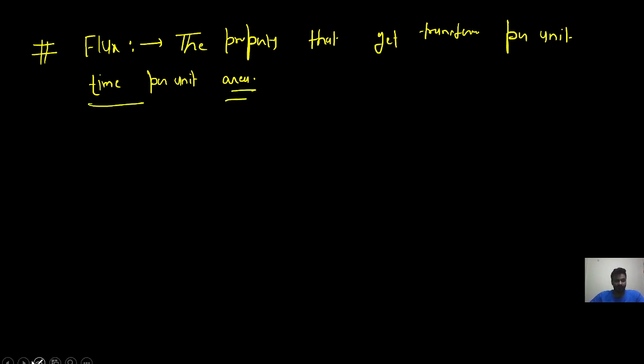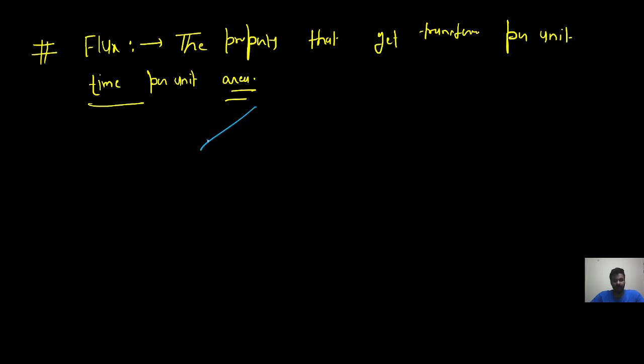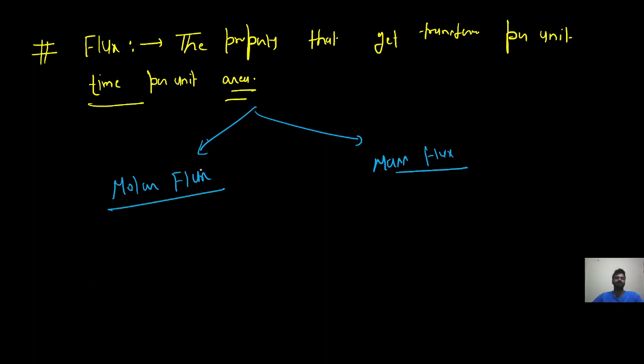Flux may be of different kinds, but in our mass transfer operation we will mostly study two kinds of flux: molar flux and mass flux. If you recap the class 11 and 12 physics concepts, you would have studied electric flux and magnetic flux.